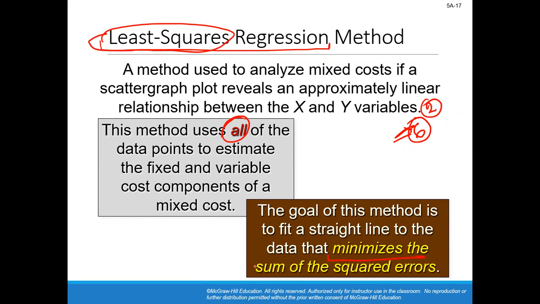To minimize the sum of the squared error, and minimize is indicating the least, and the sum of the squared error has been shortened as square, but actually it is the sum of the squared error.